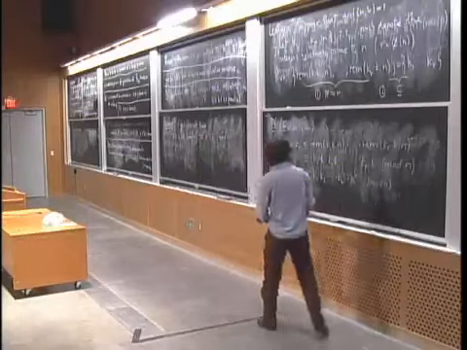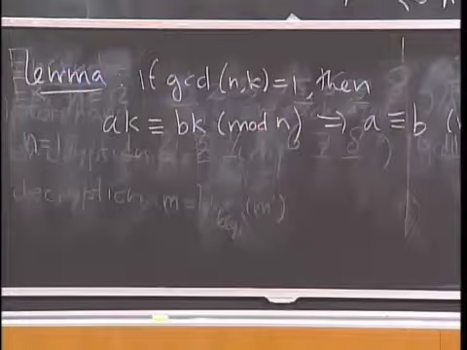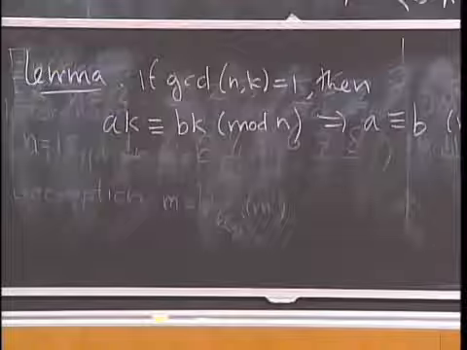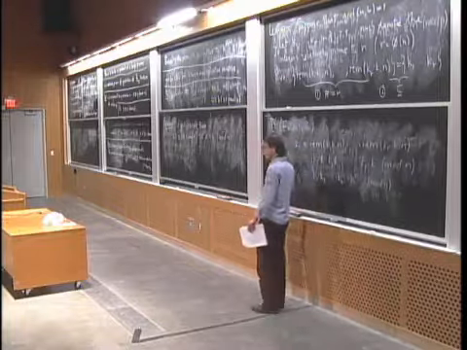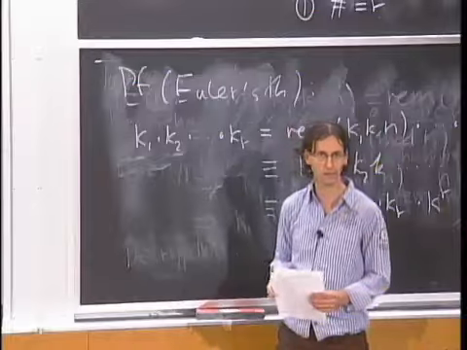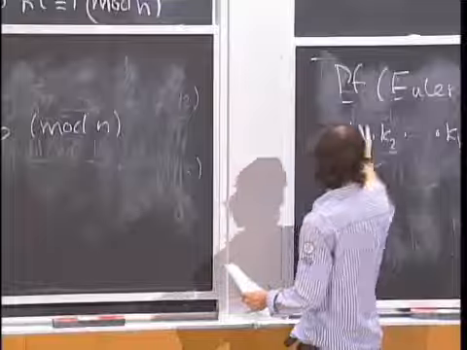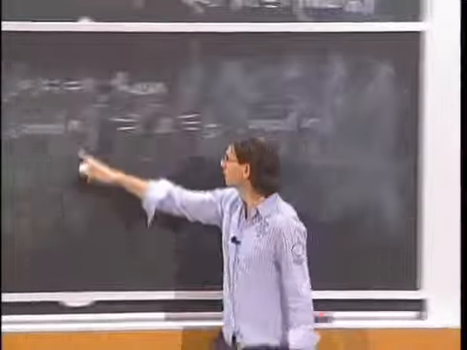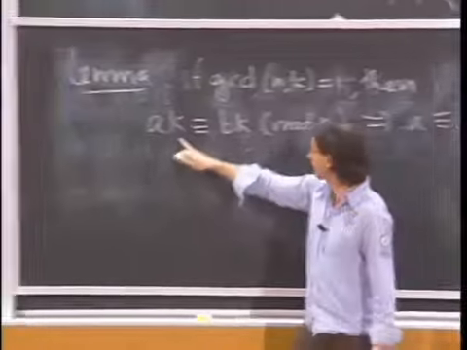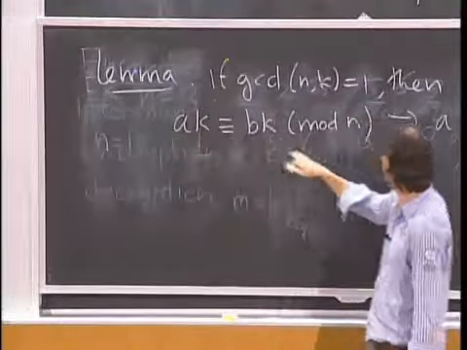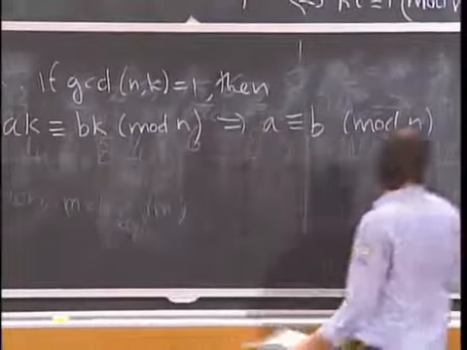So what do we do? Well, we know that k1 is relatively prime to n, and k2 is as well, all the way up to kr. So this whole product is also relatively prime with respect to n. That means that the greatest common divisor of this whole product with n is equal to 1. So that means that I can divide out this whole product.